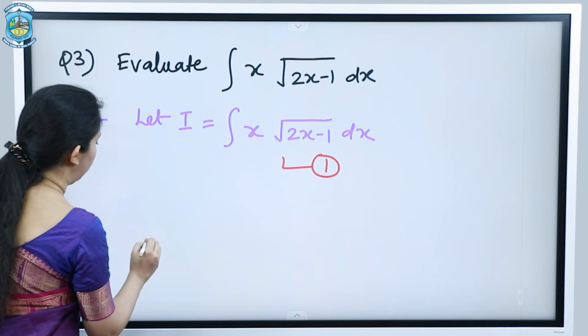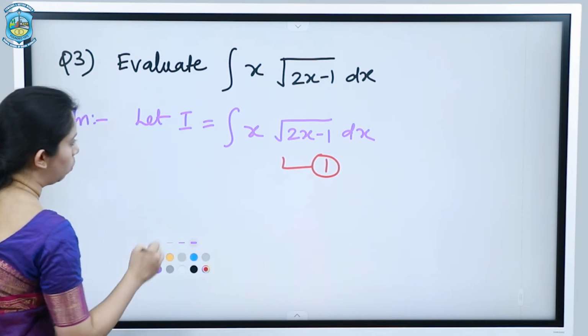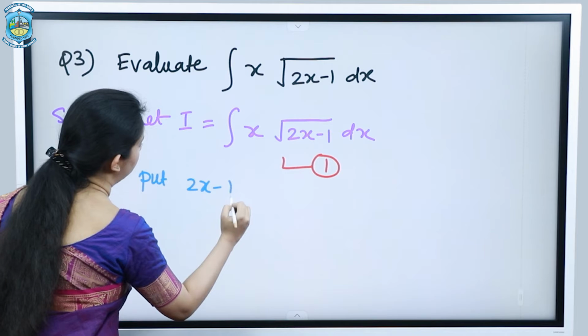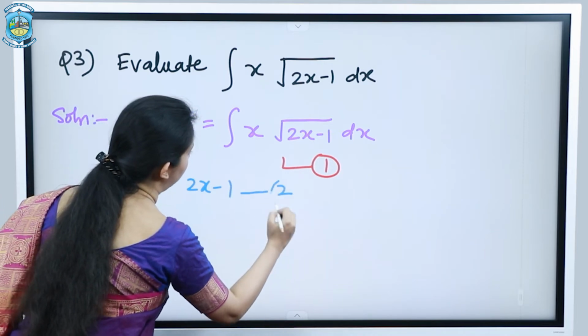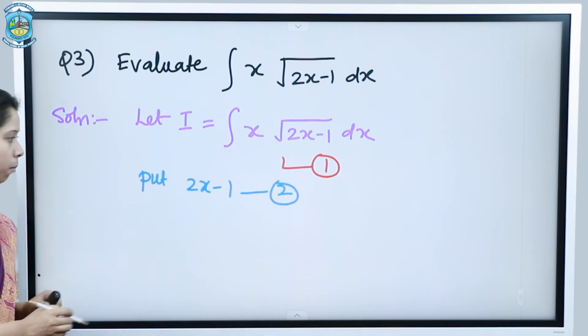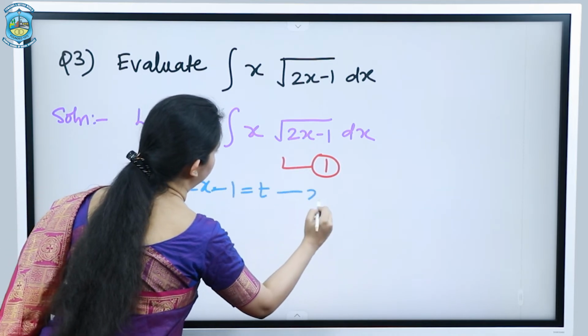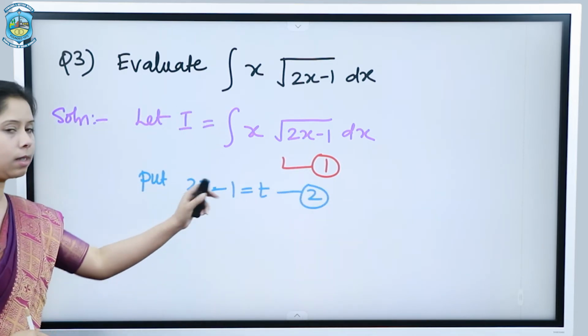Now here the best substitution is 2x minus 1. We'll mark this as equation number 2 and substitute this with t. So 2x minus 1 is t.